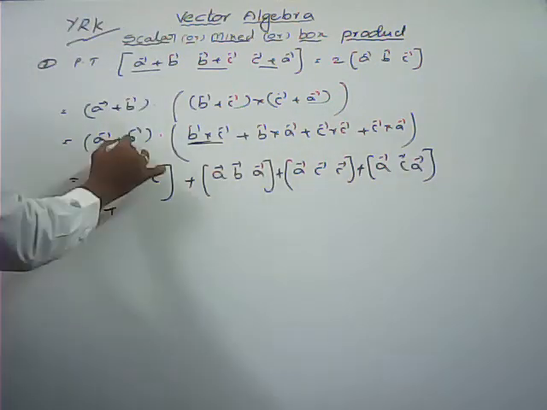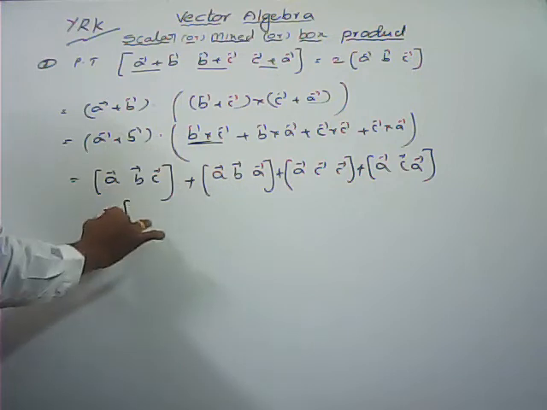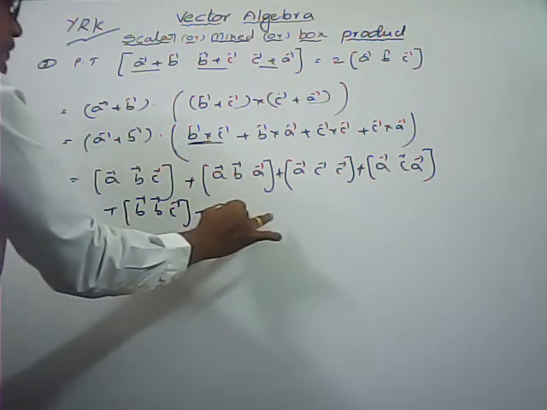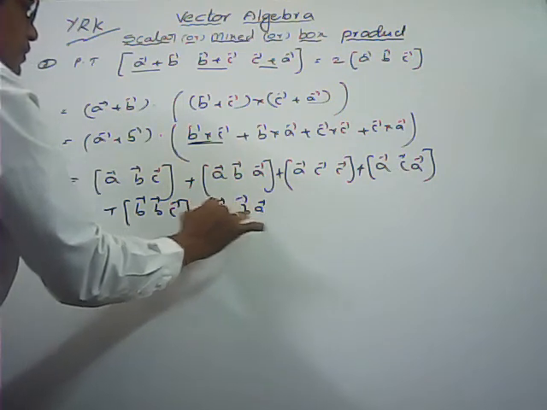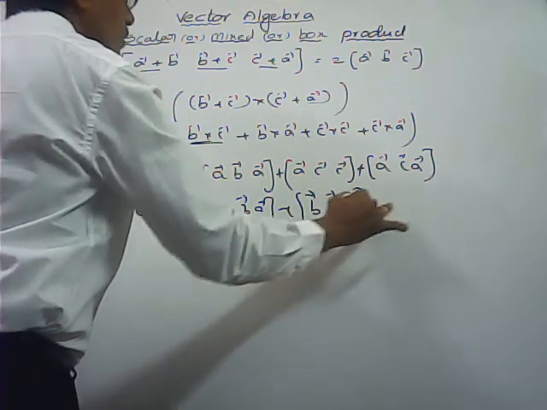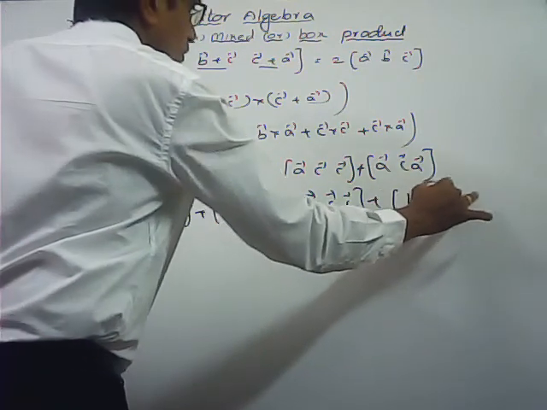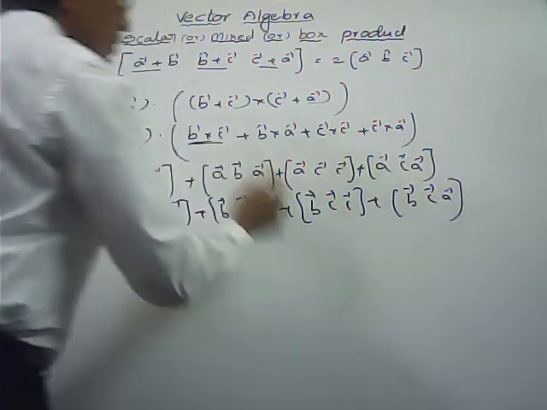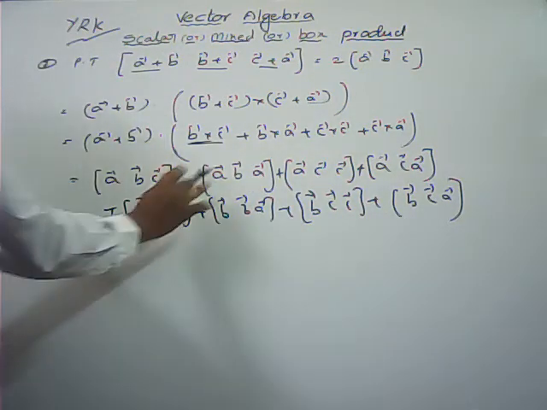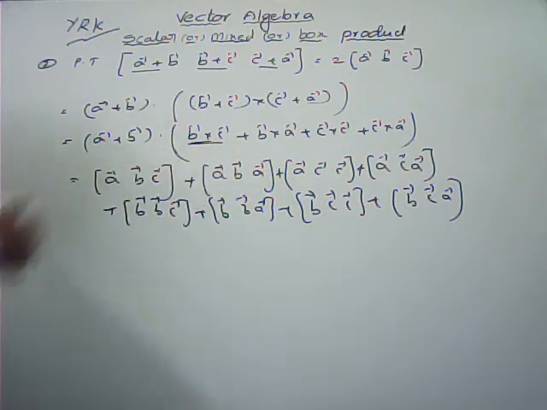Plus next with B: box BBC, BBA, BCC, BCA. And in the notes also I told you, if any two vectors are equal, its box equals 0. Like determinants only.